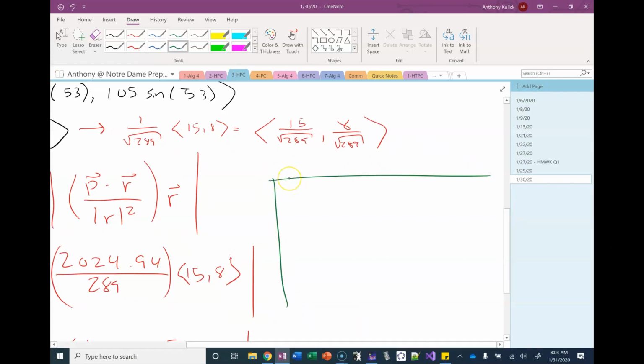So if I call this maybe R1 or something, if I then did pull dot R1, I should get my desired result. So 105 times cosine 53 times 15 divided by 289 plus 105 sine 53 times 8 over 289.